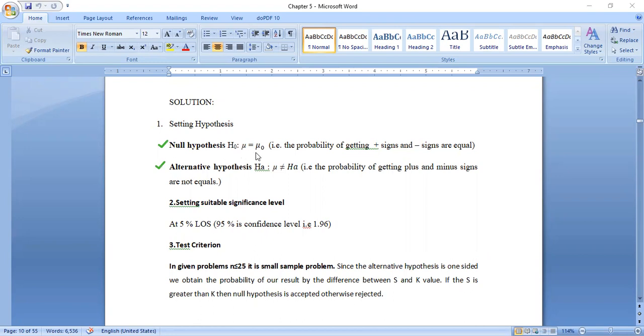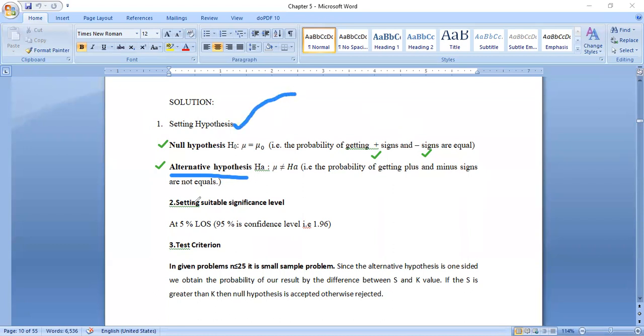H naught: mu is equal to mu naught, that is, the probability of getting plus and minus signs are equal. Then the alternative hypothesis, HA: mu is not equal to mu naught, so the probability of getting plus and minus signs are not equal. This is the first step we completed.